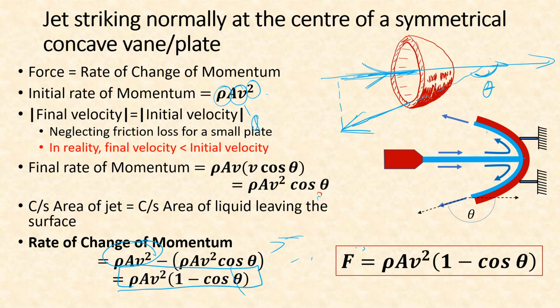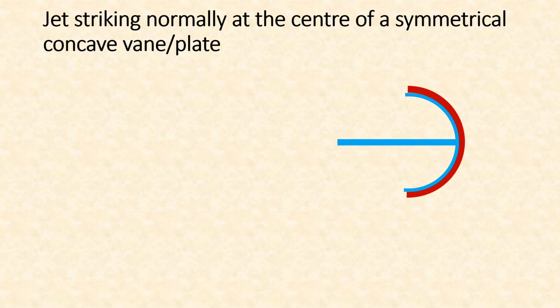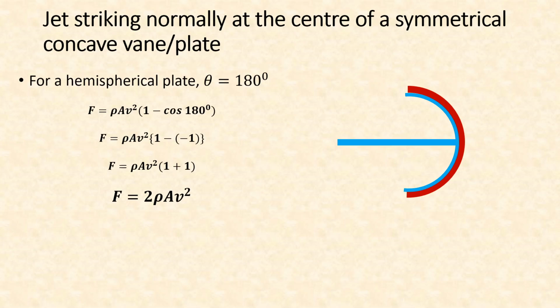Now a special case may be mentioned here. Suppose we have a hemispherical plate, which is half of a sphere. The angle by which the jet will be deflected will be equal to 180 degrees. This is the original direction and this is the final direction.